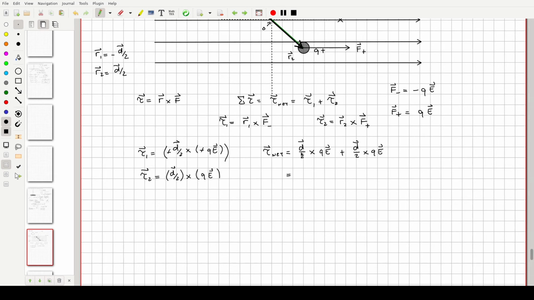So I'm going to pull a Q over here in front of the D. And this is our dipole moment P.